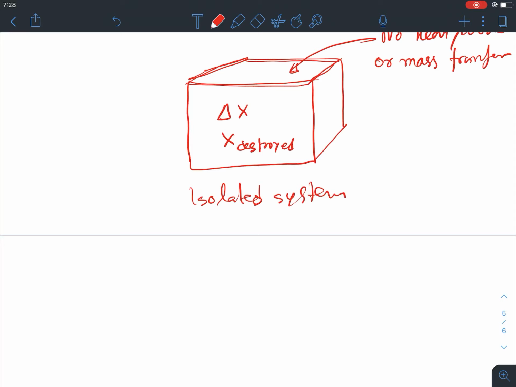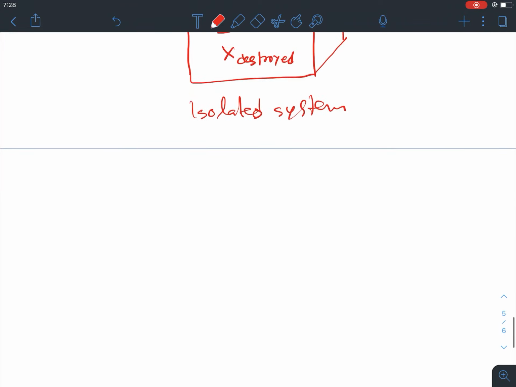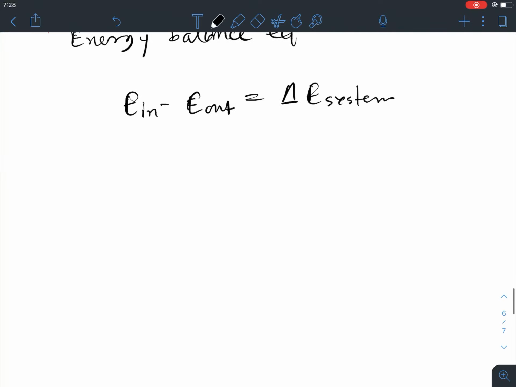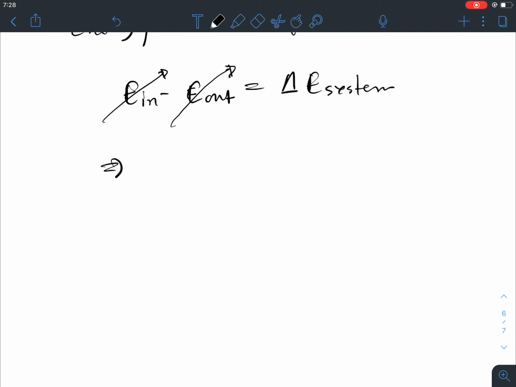So if we do the energy balance for such a thermodynamic system that is isolated from the environment, that means there is no heat transfer, no work transfer, or no mass transfer, then the energy balance equation simply becomes E in minus E out equals delta E of this system, right?